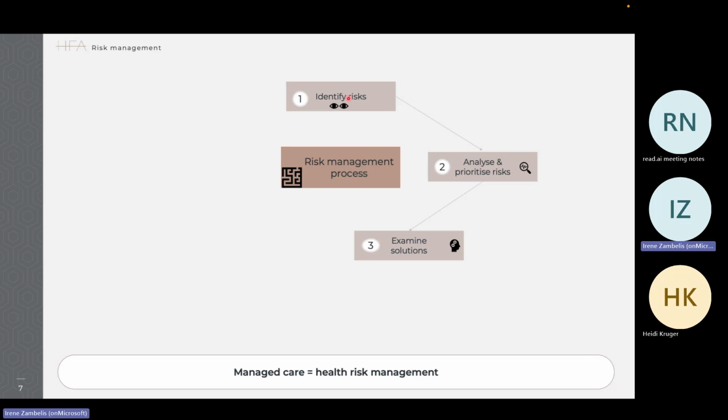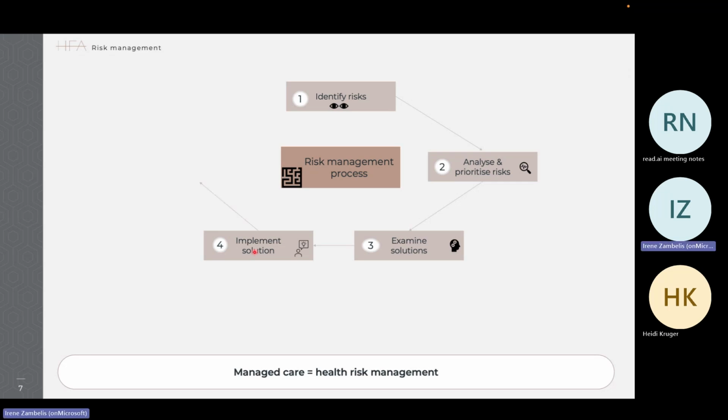And schemes' risk profiles differ. So you need to be bespoke. Once you've examined the potential programs that would address your needs, that you can then implement the right one.